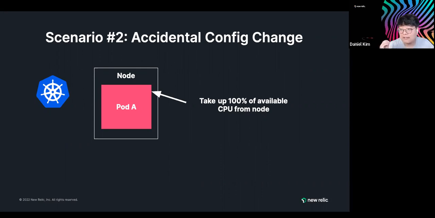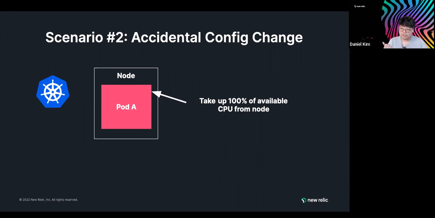You can have an accidental configuration change where a developer accidentally allocates 100% of available CPU for a particular pod, which means that no other pod could be scheduled in that particular node. So an accidental configuration change can definitely affect your entire application and grind your entire environment to a halt, because no other pods can be scheduled in the same node.